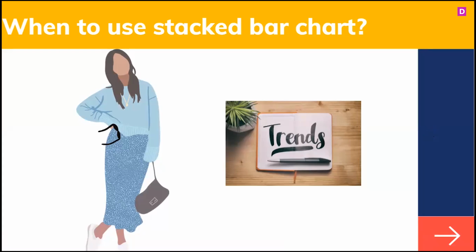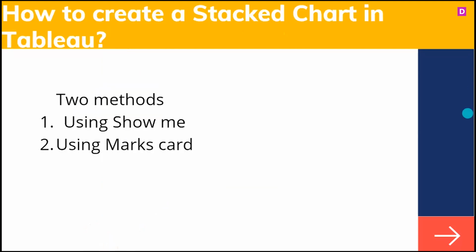Each of the segments gives you a completely different category. The complete bar is considered a set, and inside the set you have subsets. Each subset is going to have its own values. That is the idea behind your stacked bar chart.